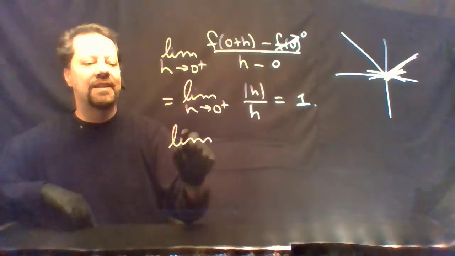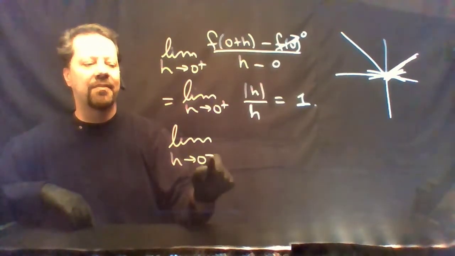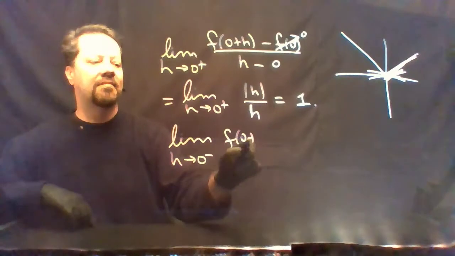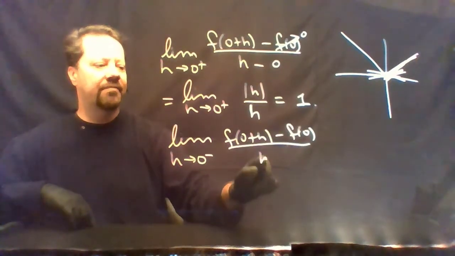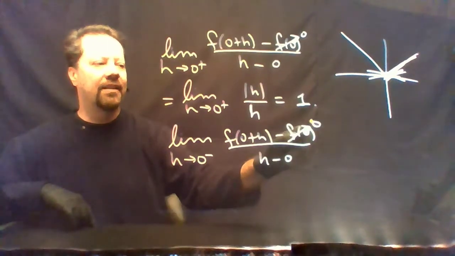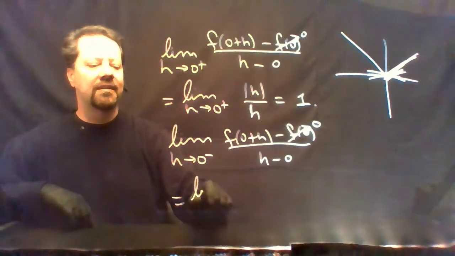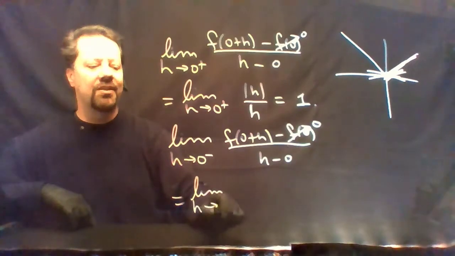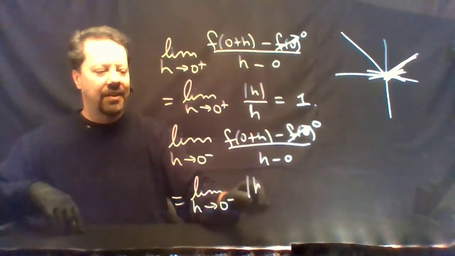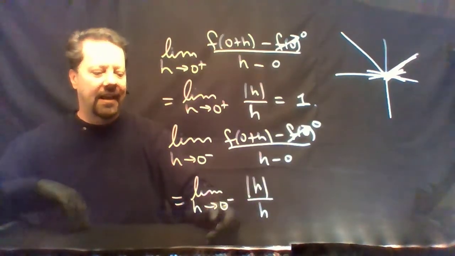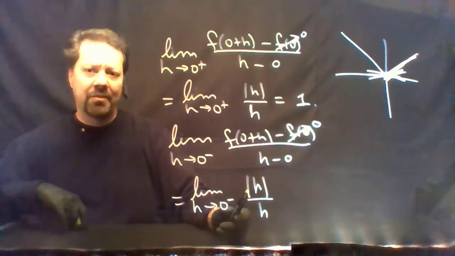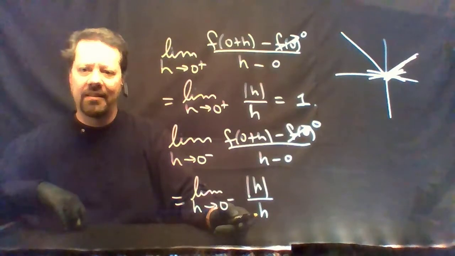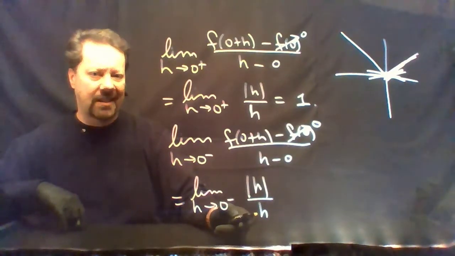On the other hand, if we take the limit as h goes to 0 from the left, a kind of left-sided derivative, again the function value is 0, and the function is the absolute value function. And again, if h is a little bit negative, the absolute value makes it positive over something with the same magnitude but opposite sign.